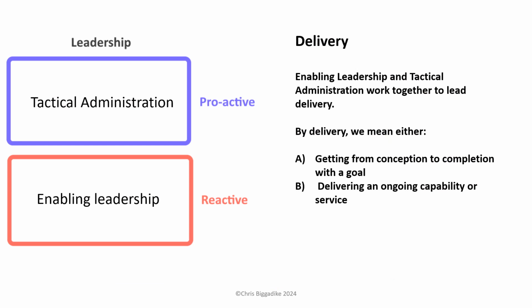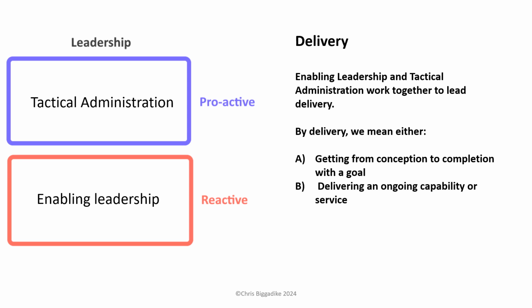Both tactical administration and enabling leadership are soft examples of proactive and reactive. Tactical administration is proactive because it involves planning and gathering resource to achieve delivery. It must have a reactive element because the plans and resource must be adjusted as needed to respond to emergent events.